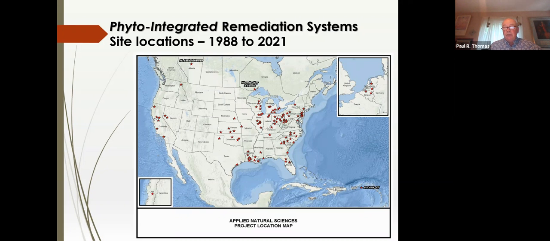One of the good things about our system is that if we can get enough capillary rise in the soil column and put the trees in contact with that, then they don't care if there's only 5 inches of rain where they are. They've got an unlimited supply of water.